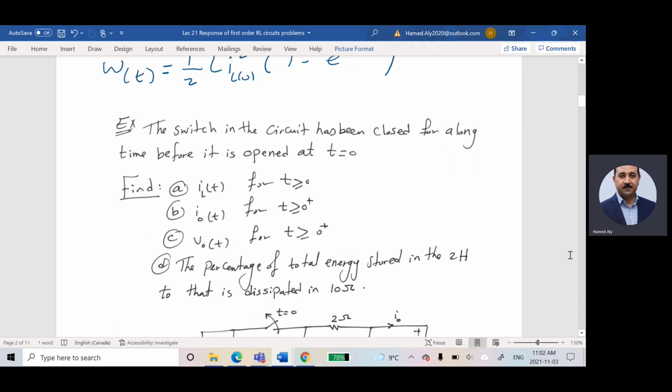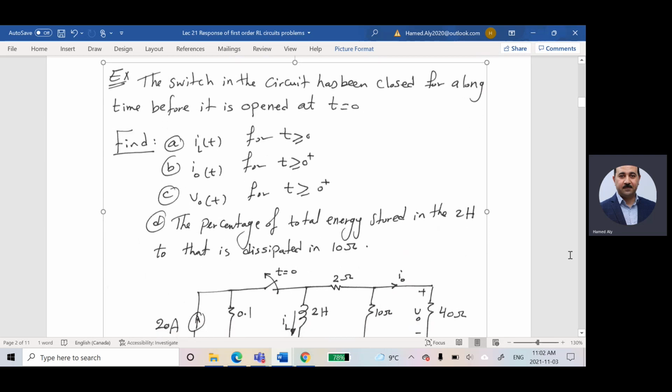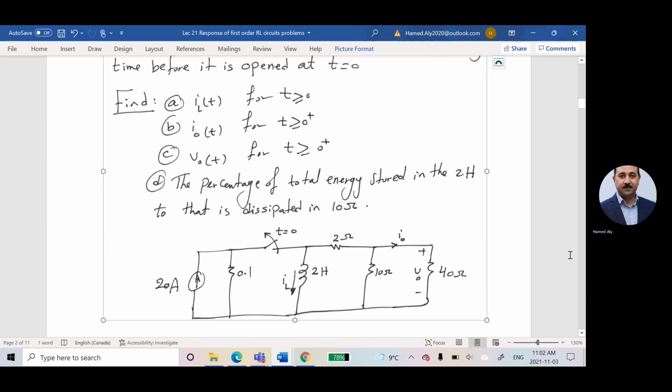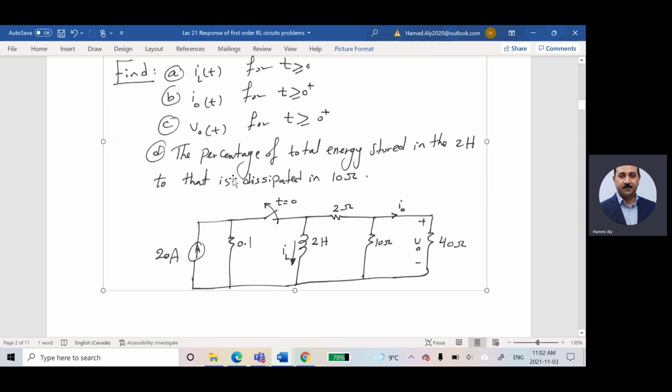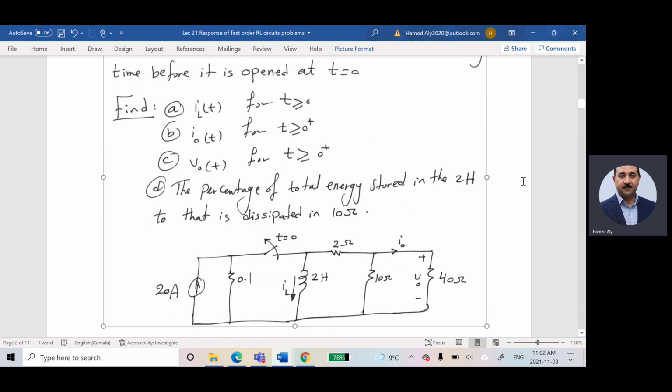So for this circuit, he said the switch in the circuit has been closed for a long time before it's opened at t equal to 0. Find, and this is the circuit. So the switch was closed and then it is opened at t equal to 0. He said, for this circuit, can you please find I_L(t) for t greater than or equal to 0?